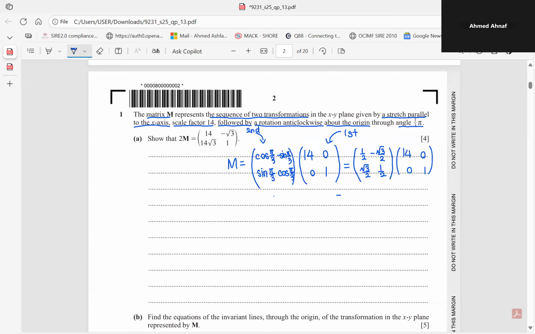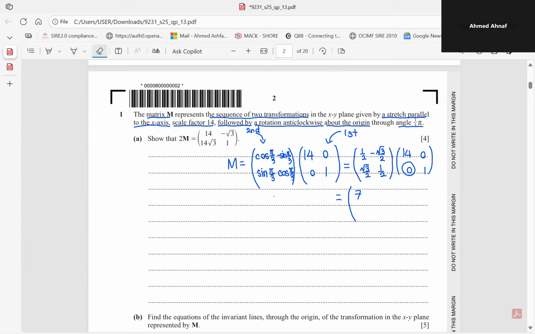So with that, we can start to evaluate our matrix M. In order to do that, we're going to get our element in the top left-hand corner. It's in the first row, first column, so we multiply the elements in the first row of the first matrix by the first column of the second matrix. So this would just be half times 14 plus minus square root 3 over 2 times 0. This would give us 7.